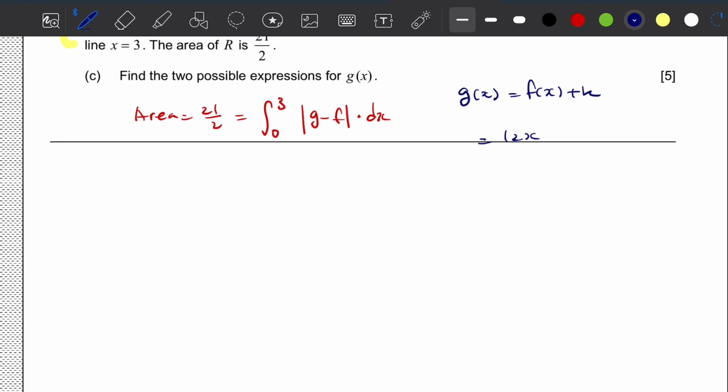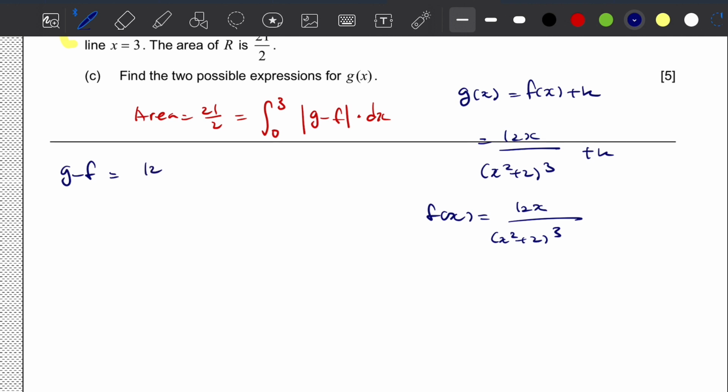so this is the same as 12x over (x squared plus 2) to the power of 3 plus k, and since f of x is equal to 12x over (x squared plus 2) to the power of 3, we can calculate the g minus f part first, right? So this is the same as 12x over (x squared plus 2) to the power of 3 plus k, minus 12x over (x squared plus 2) to the power of 3.